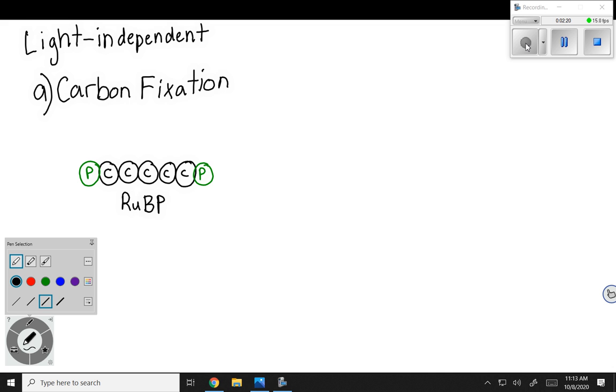And RuBP is going to combine with our input for the light-independent reactions. What goes into the light-independent reactions? Carbon dioxide. So that's 1 carbon atom and 2 oxygen atoms for carbon dioxide. So we're going to combine RuBP and carbon dioxide using an enzyme called Rubisco.